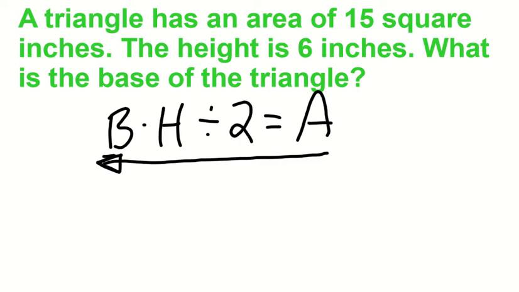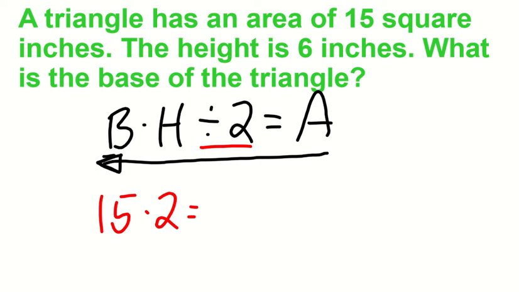So if I start with the area, now this time I'm going to put it left to right, because that's just how things work. Our area was 15, and we're going opposite. We've got divided by 2. Opposite of divided by 2 is times 2.